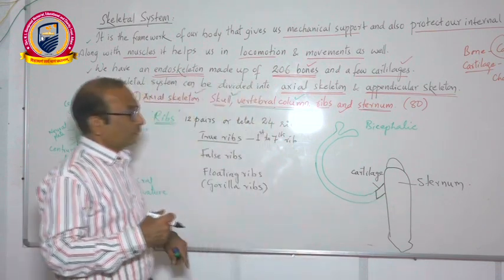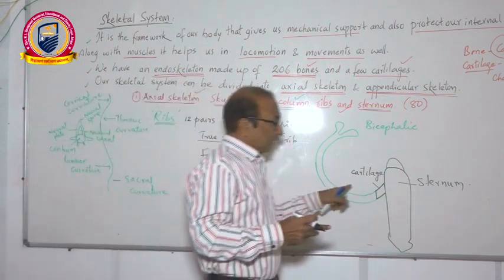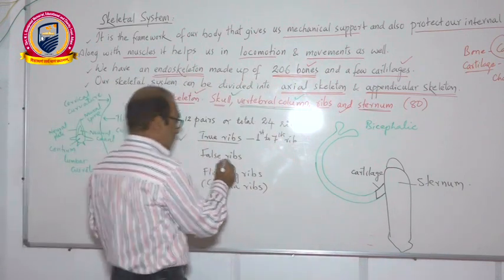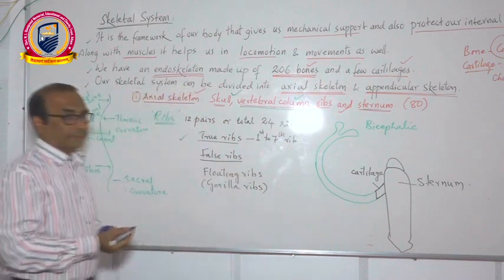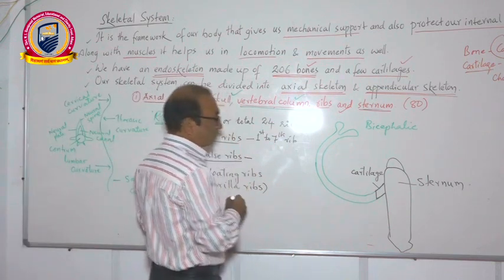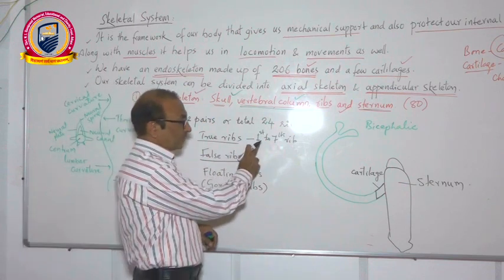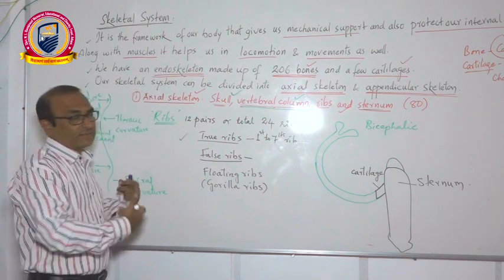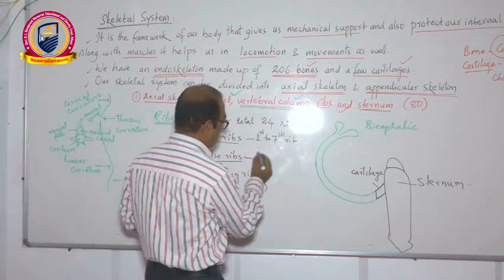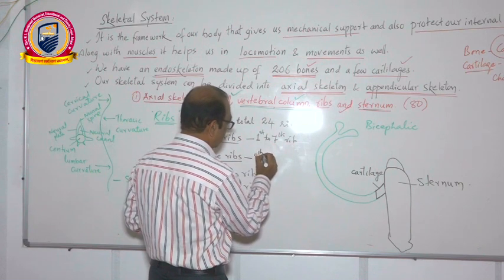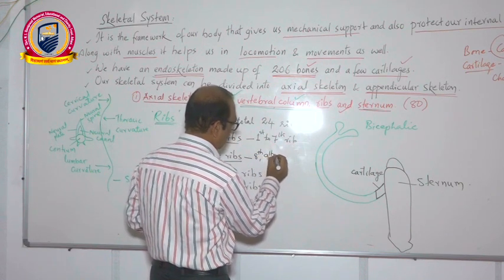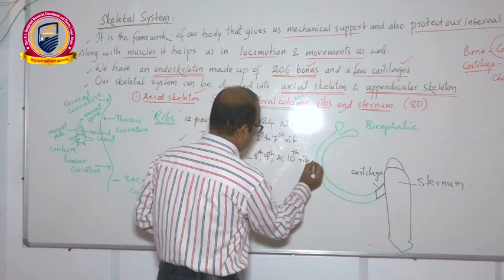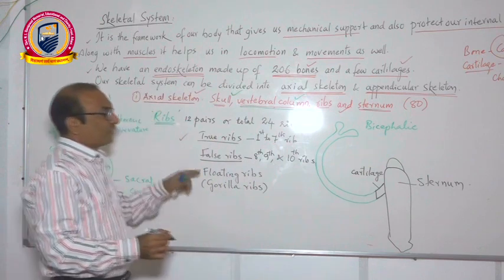You are going to learn about it later on. So they are called the true ribs. Now, what are false ribs? Let us say the rib pairs, these are in pairs, remember, first to 7th pairs, that means 7 this side, 7 this side, and then the next pairs, that is 8th, 9th and 10th ribs.